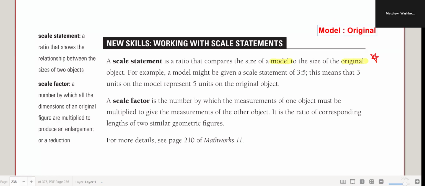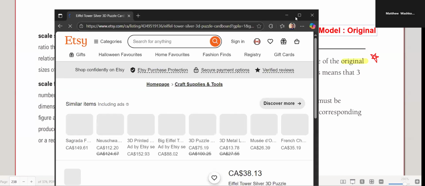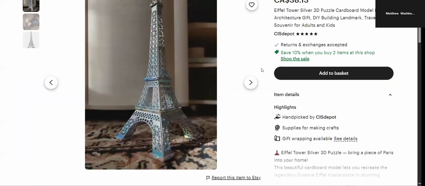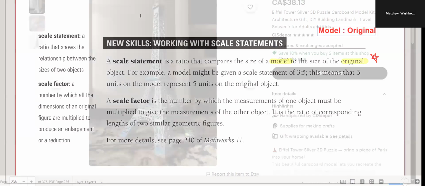Now, let's think of like the Eiffel Tower here. If I were to go and create a little, here's the little Eiffel Tower model, right? Now, maybe this is 30 centimeters in real life.